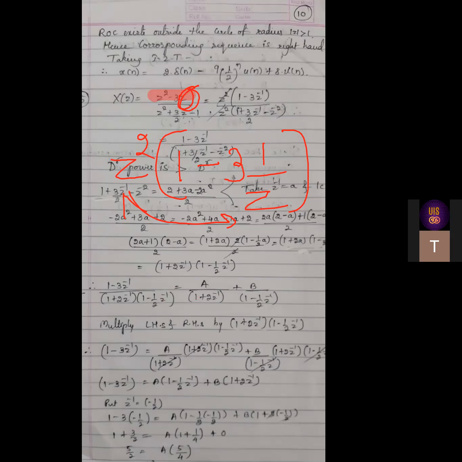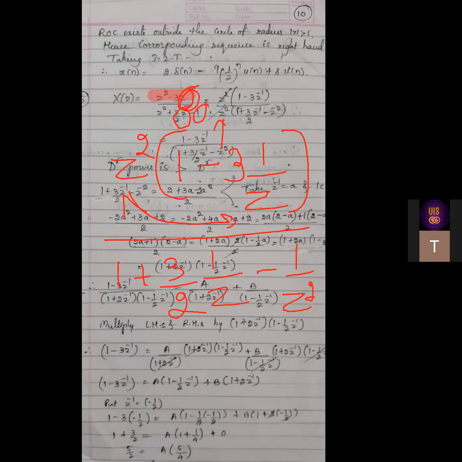And what will your denominator be? If you take z square common, it is 1 plus 3 by z, since z square is common and here only z is there, minus 1 by z square, since you don't have any z term there.